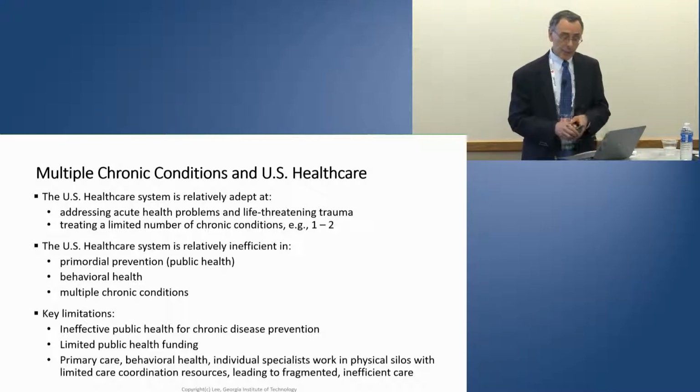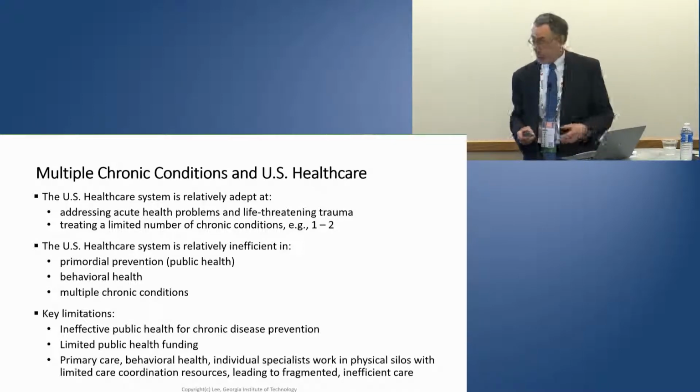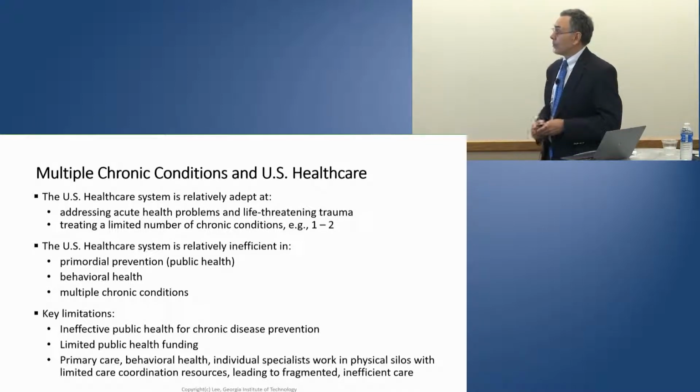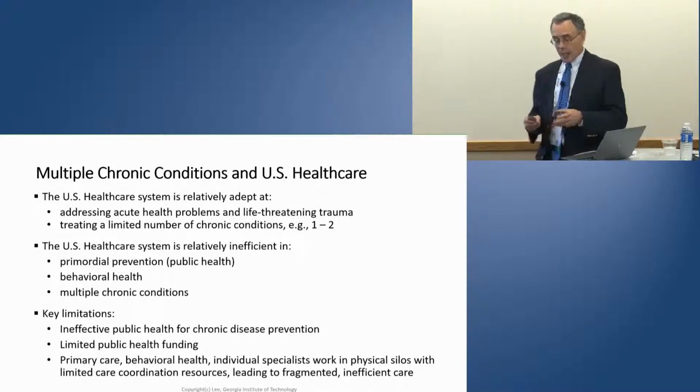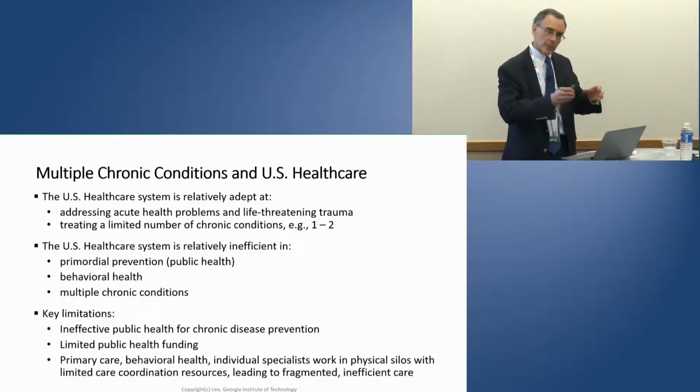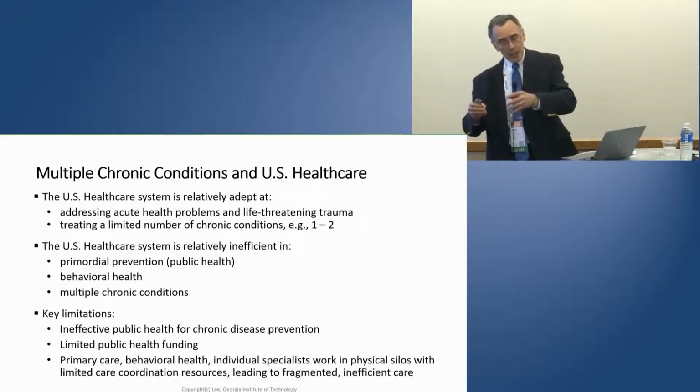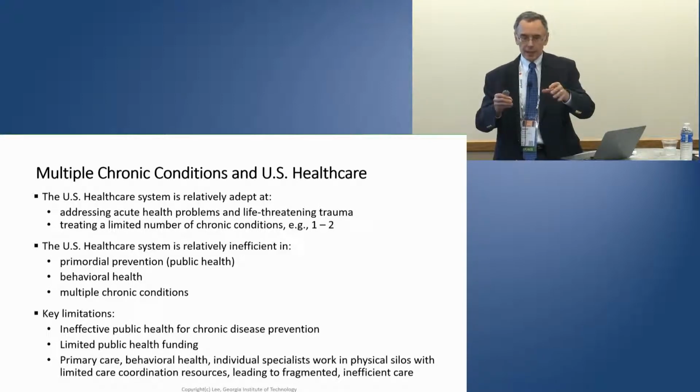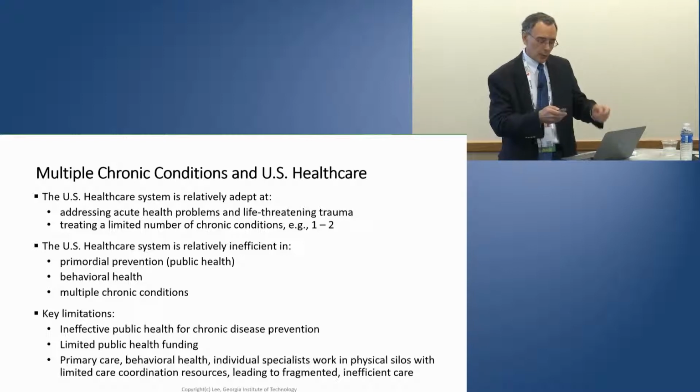We're relatively ineffective in behavioral health, depression, alcohol and drug abuse, and we're really inefficient with multiple chronic conditions. We have ineffective public health, we have limited public health funding, and then we have siloing of primary care, behavioral specialists, and the specialists, so that a patient with multiple chronic conditions can't get integrated care at one point in the system.